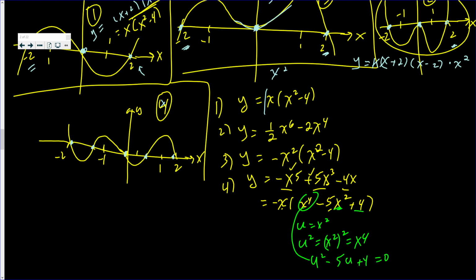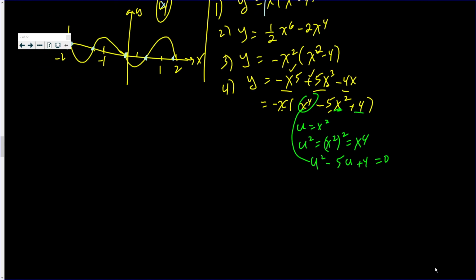And I want to know when it's 0. Two numbers that multiply out to 4 but add up to negative 5 are negative 4 and negative 1. So it's going to be u minus 4 times u minus 1 is 0. That means u is 4, u is 1.